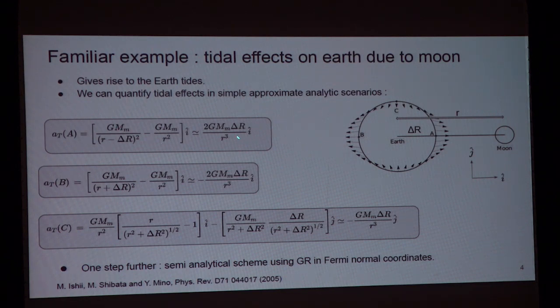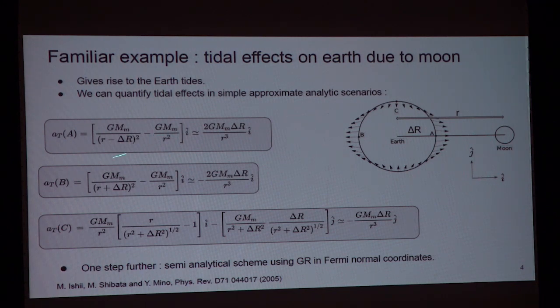And if you do that, then you find that at the point A, there is an effective acceleration which actually goes as 1 over r cubed. That is the hallmark of tidal interactions, that the acceleration due to this non-local process goes as 1 over r cubed rather than 1 over r squared. And this is in the direction of i cap.